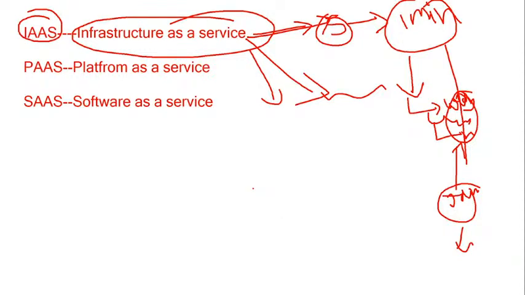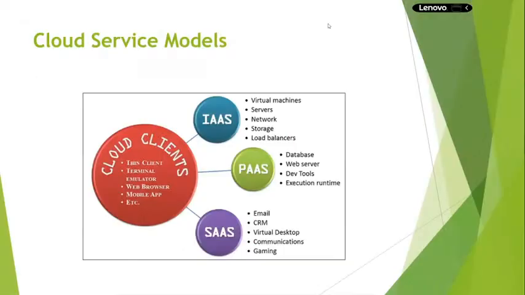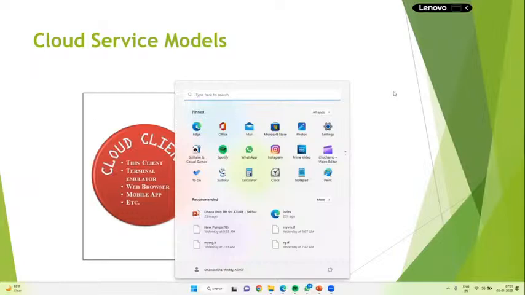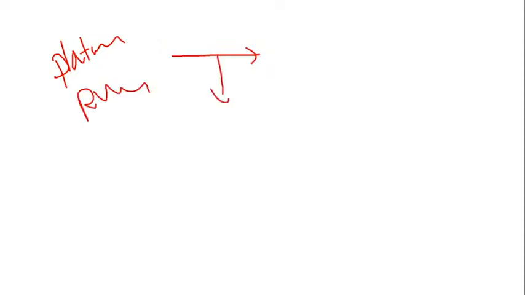Next, platform as a service. What is platform as a service? Any idea? The name itself describes it. They are providing the platform and runtime. For example, you have to deploy one Java application. The Java code is ready with you.